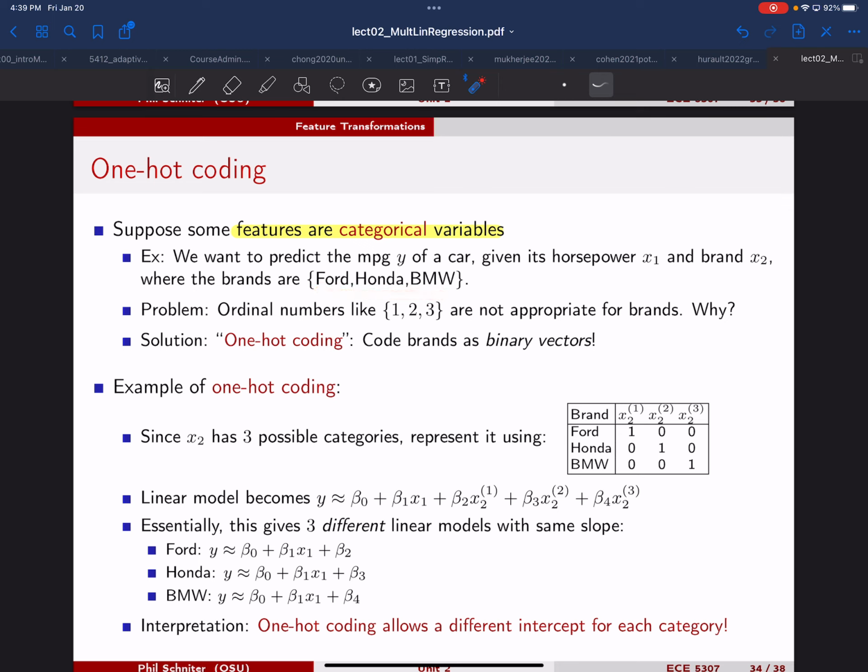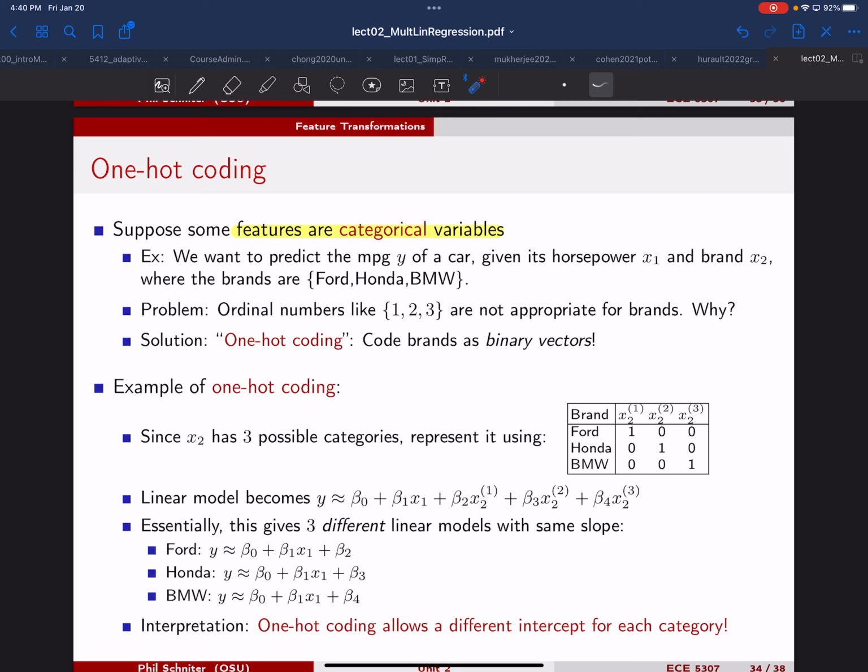These brands are not things that we can order in a generic way. We can't say Ford is always less than Honda is always less than BMW. So it doesn't make sense to assign numbers like 1, 2, and 3 to these quantities and then proceed with our linear modeling, because that presumes some ordering between those quantities, and there is no ordering. So we have to use a different approach.